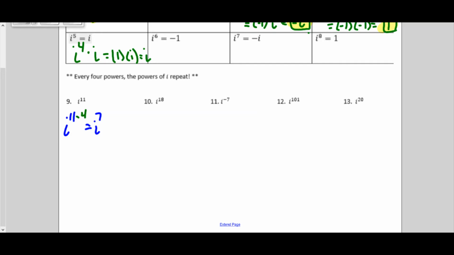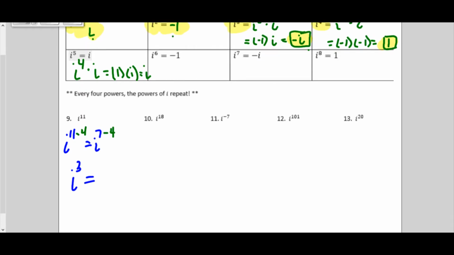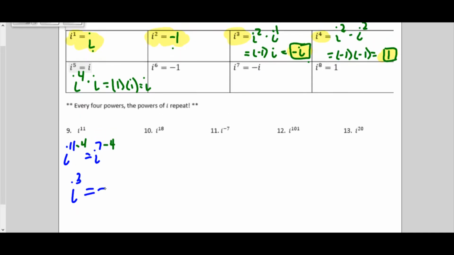If I subtract 4 one more time, because I want my exponent on i to be between 1 and 4, this gets me i cubed. That's between 1 and 4. If you look up at that chart, i cubed is negative i. So my answer here is negative i.